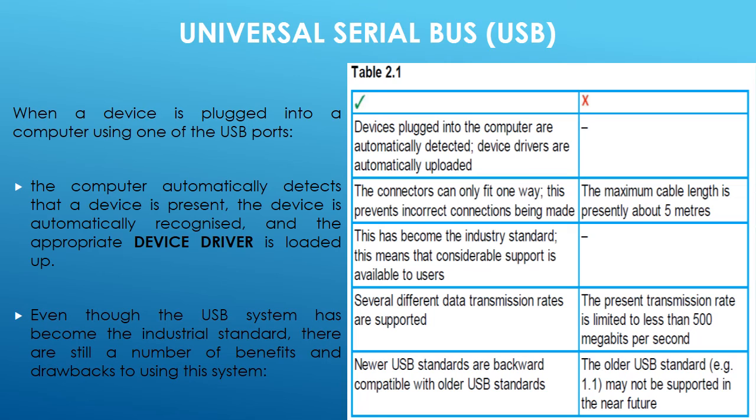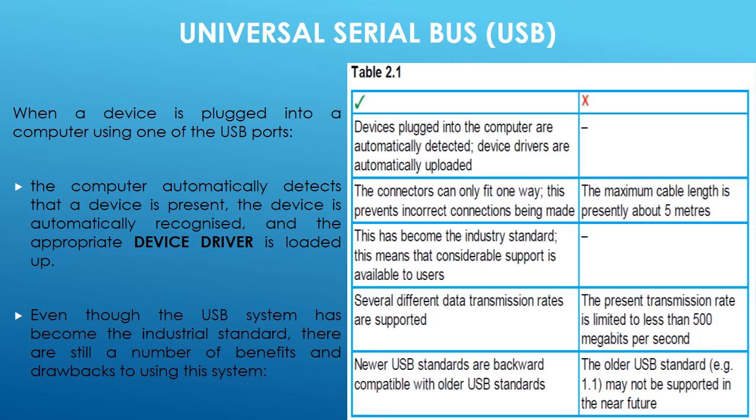Even though the USB system has become the industrial standard, there are still a number of benefits and drawbacks of using this system. Here, Table 2.1 is given in your book, and the first column shows the benefits of using USB, and there are a few drawbacks given in the next column.